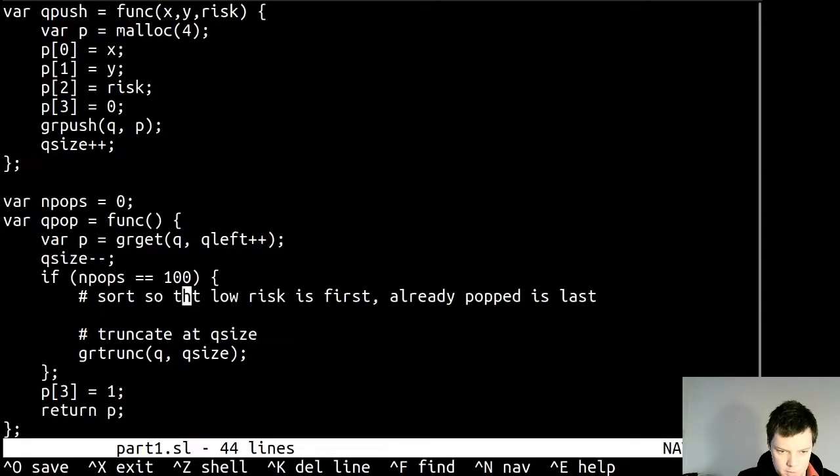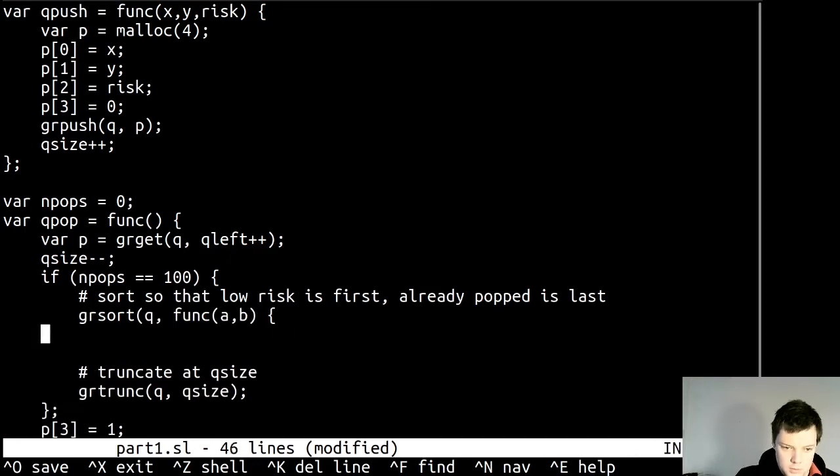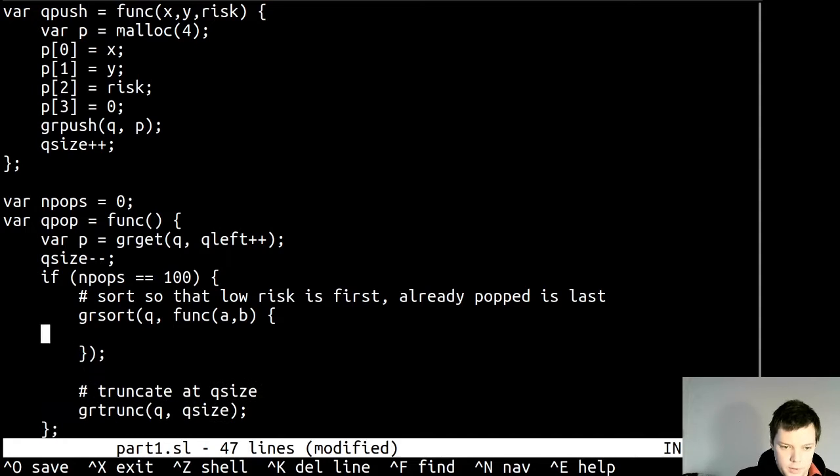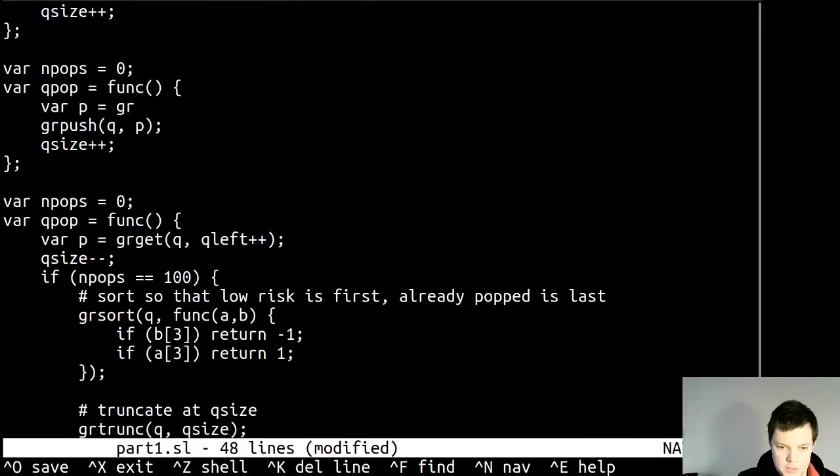So now we want to sort. If B has already been popped off, then we want A to come first. If A has already been popped off, we want B to come first.